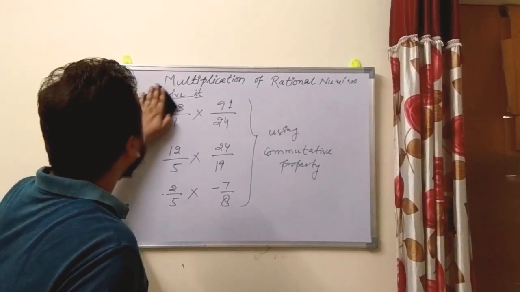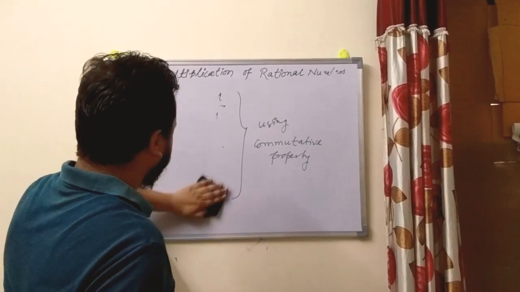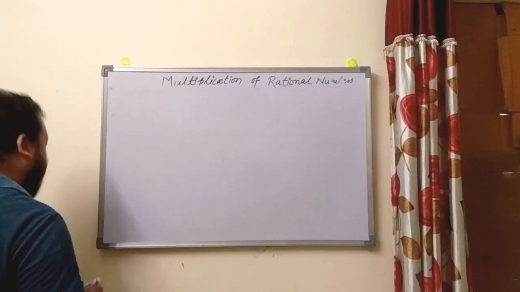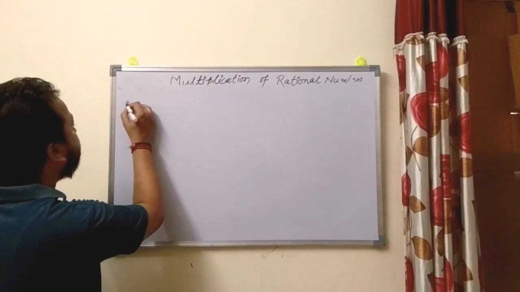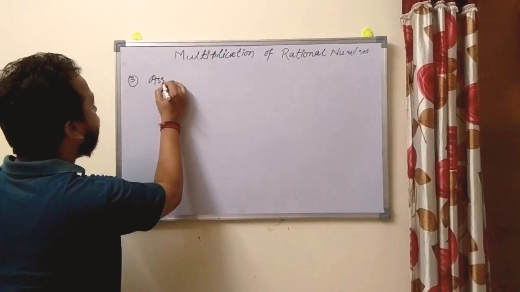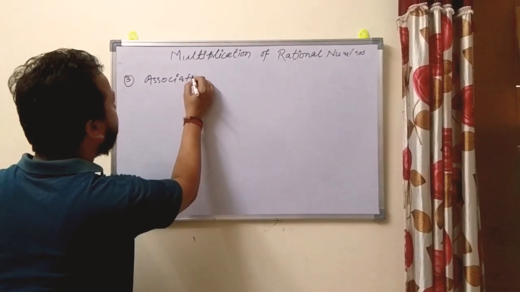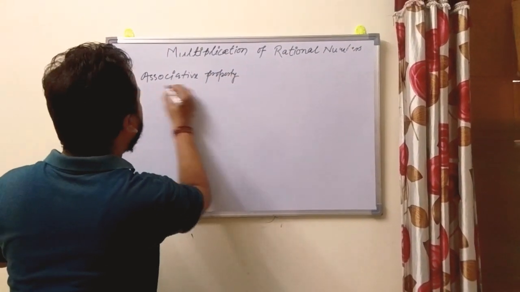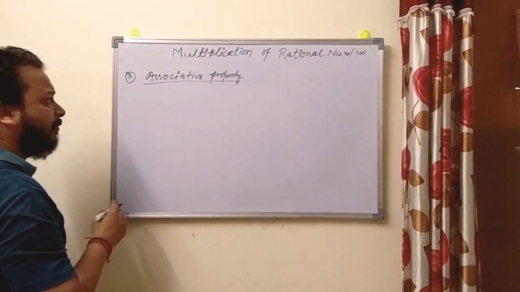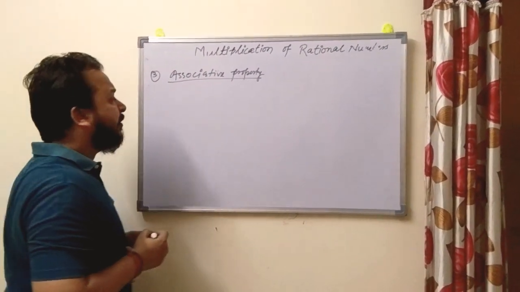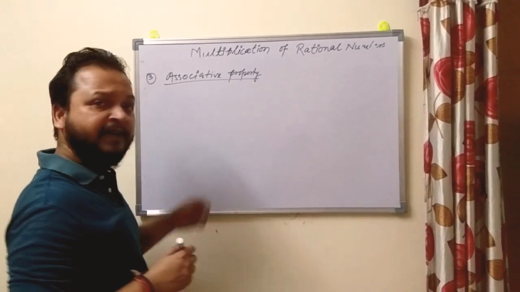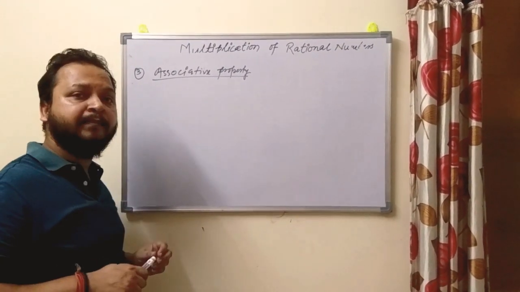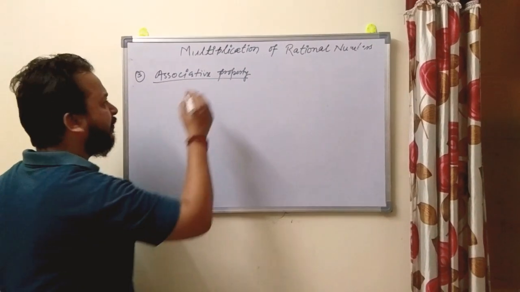So come to the next property, that is the associative property or associative law. This property states that if we are multiplying three or more rational numbers, they can be grouped in any order.